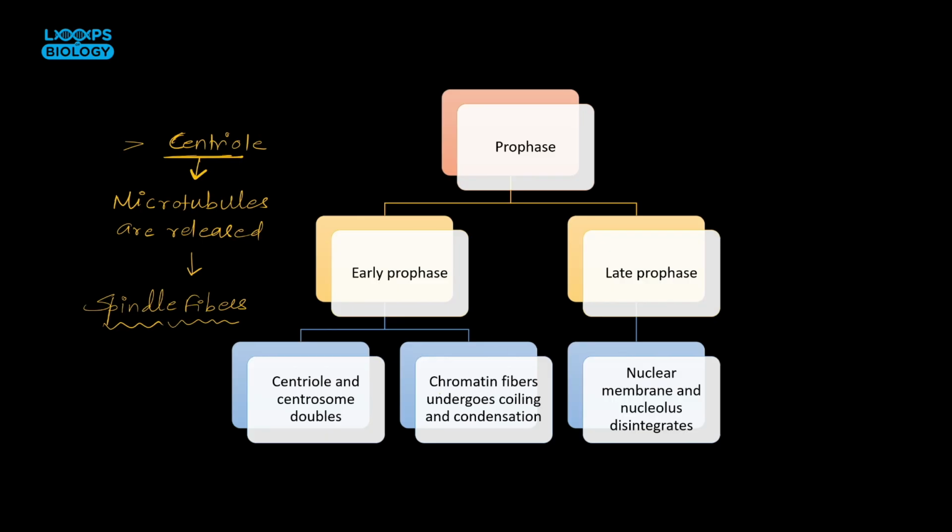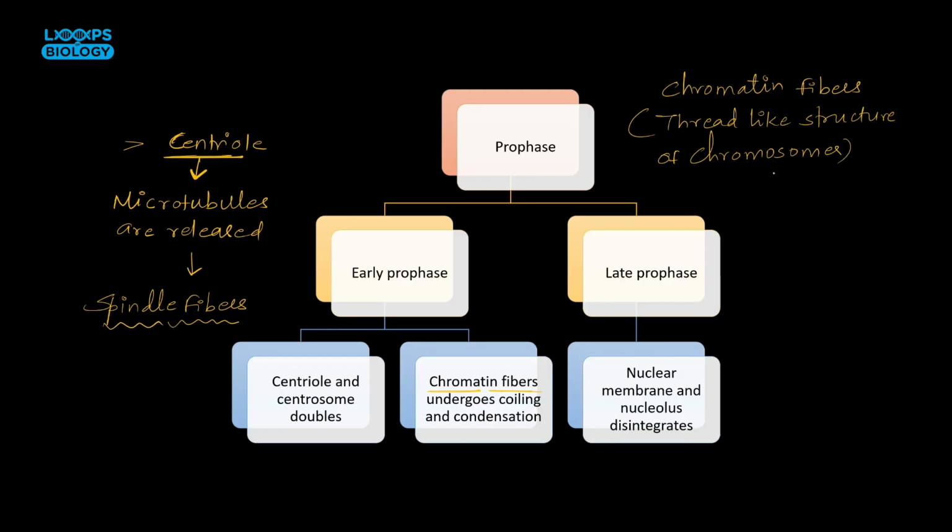Then your chromatin fibers. These chromatin fibers are nothing but the thread-like structure of chromosomes. Now these will start undergoing coiling and condensation.